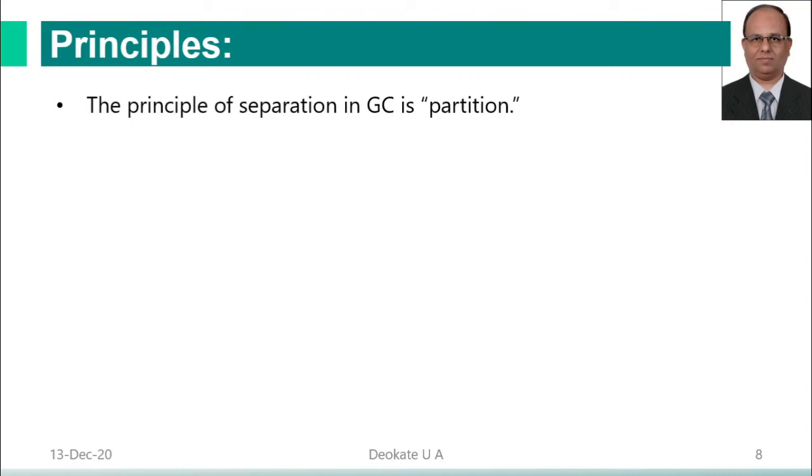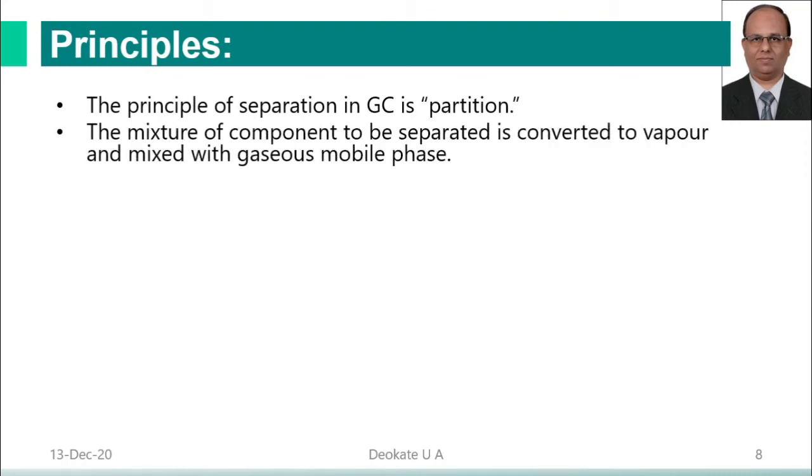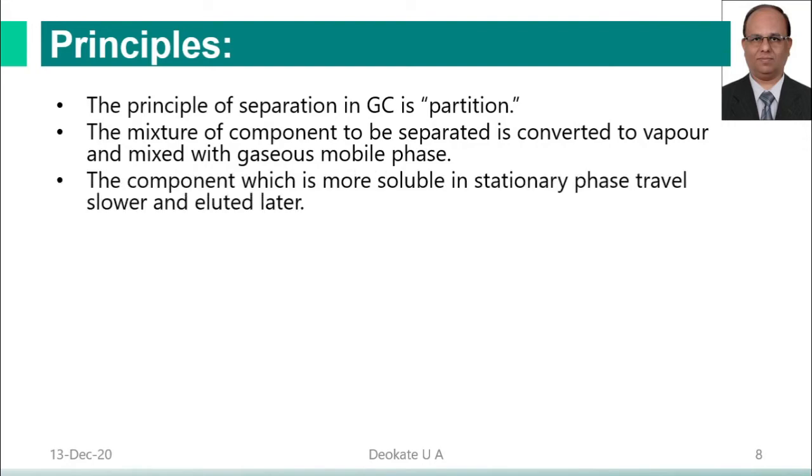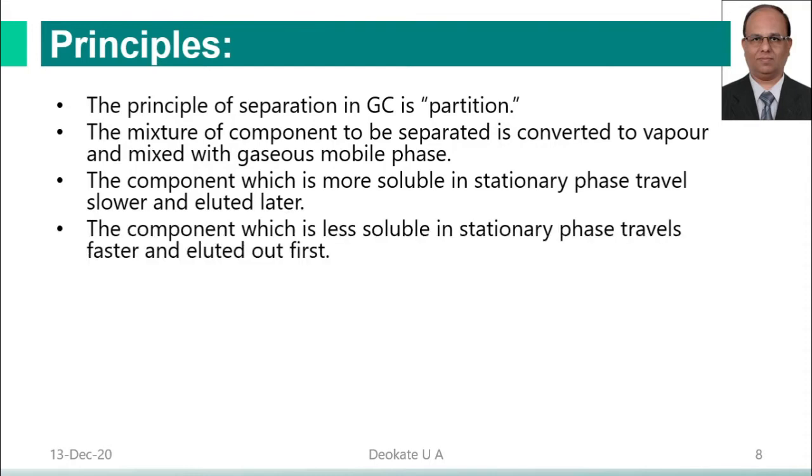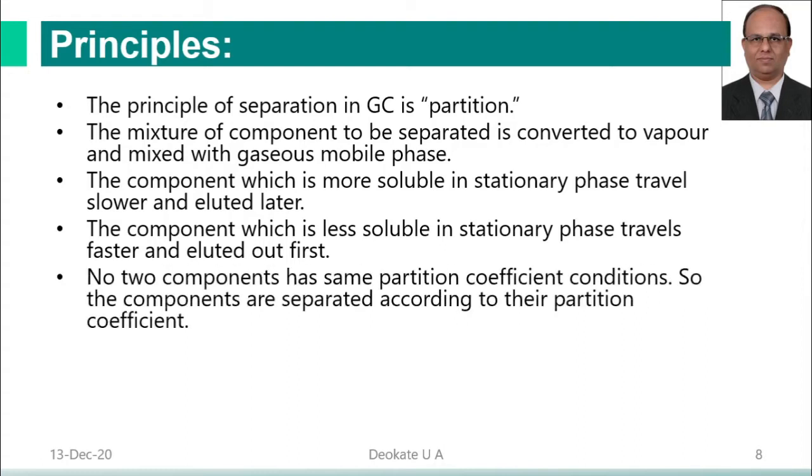The principle of gas chromatography is partitioning. The mixture of components to be separated is converted to vapor and mixed with the gaseous mobile phase. The component which is more soluble in the stationary phase travels slower and is eluted later, whereas the component which is less soluble in the stationary phase travels faster and is eluted first.